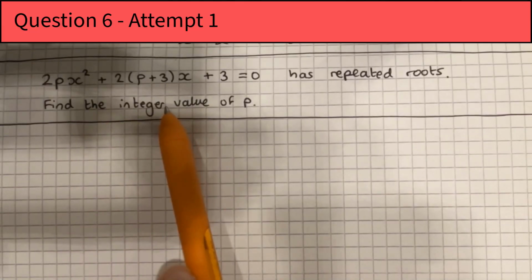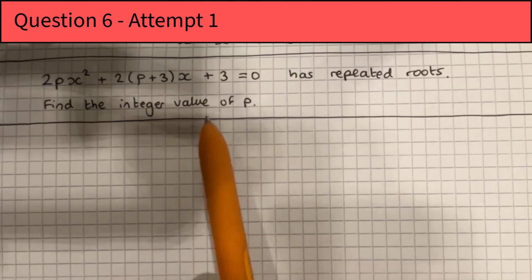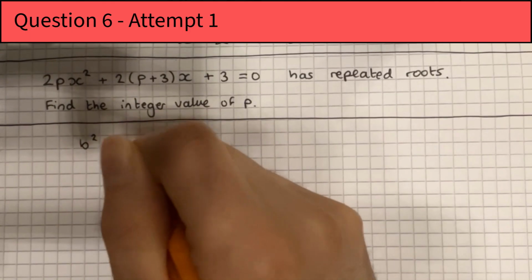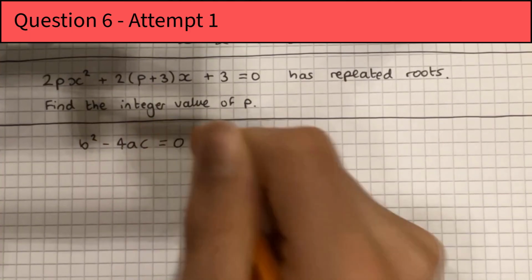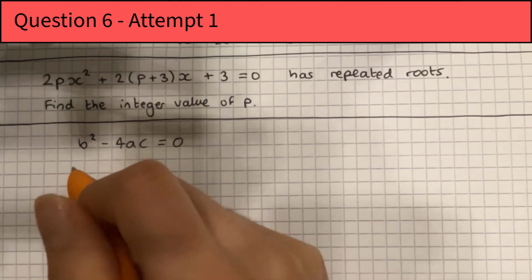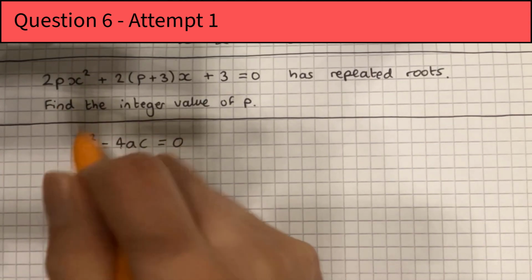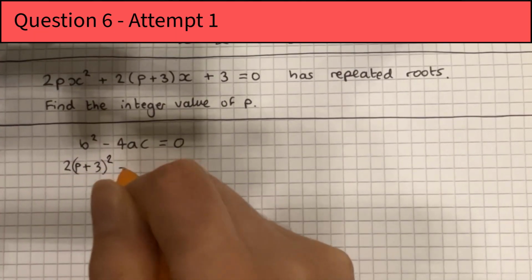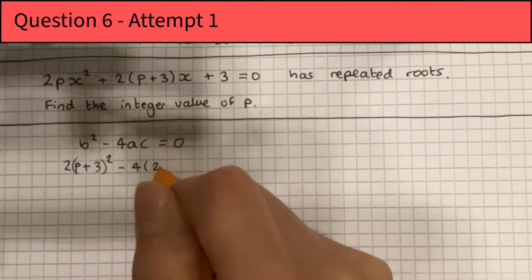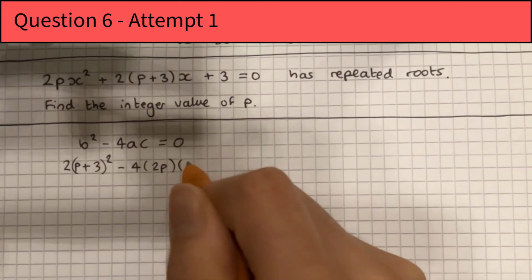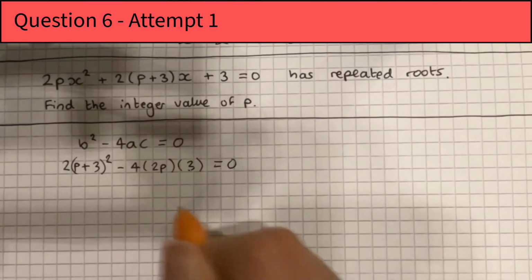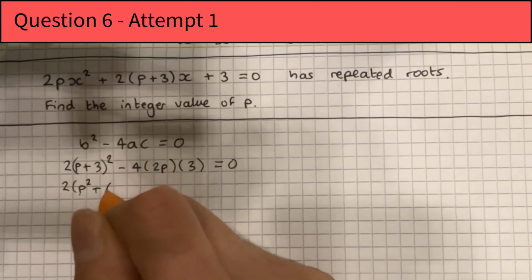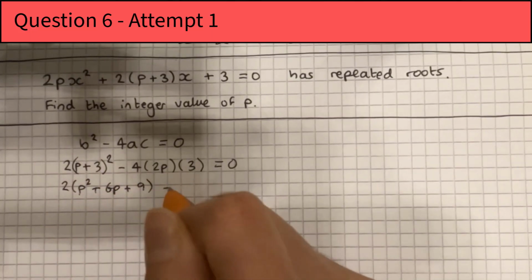Okay, in this question, it looks like there is a quadratic and it's got repeated roots. I can tell you that this doesn't have a real solution, so don't try and solve this one without making a mistake. B squared minus 4ac is equal to 0. That's because it's a repeated root. So I'm going to take b, I'm going to square it, minus 4, and then a is 2p, and c is 3. It should be equal to 0. If I square that bracket, I'm going to get p squared plus 6p plus 9.